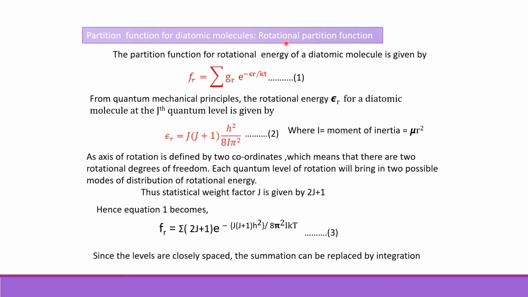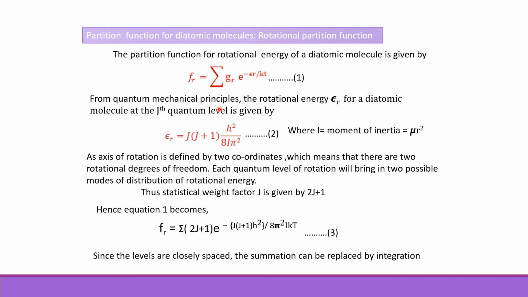Now next we are going to discuss the partition function for diatomic molecules. That is, here we are going to discuss the rotational partition function. Now the partition function for rotational energy of a diatomic molecule is given by Fr equal to summation gr into e raised to the power minus epsilon r divided by kT, equation number 1.